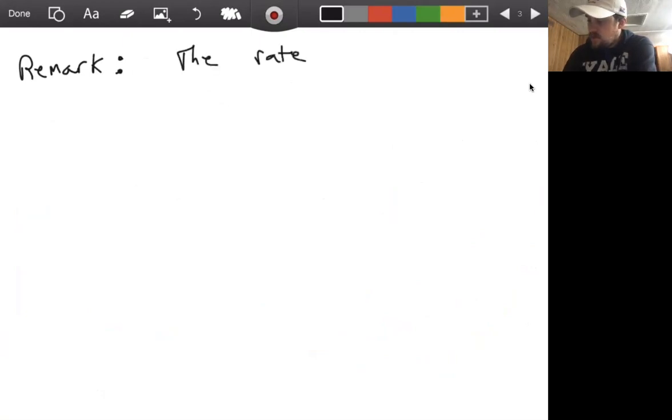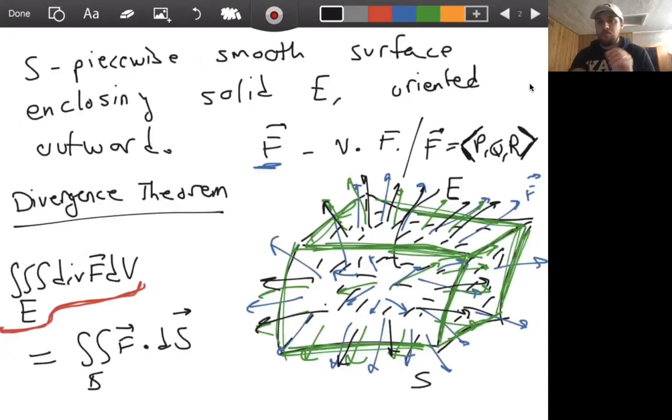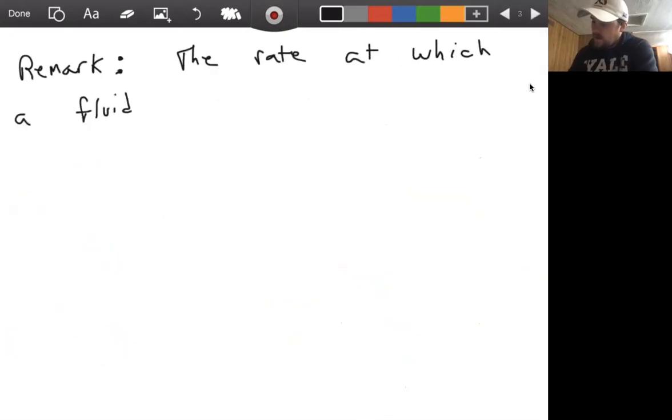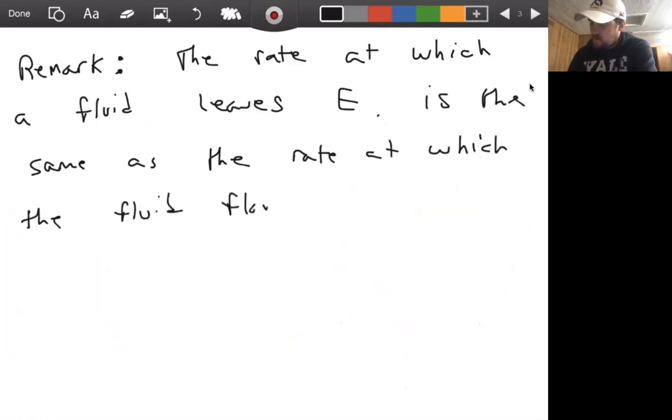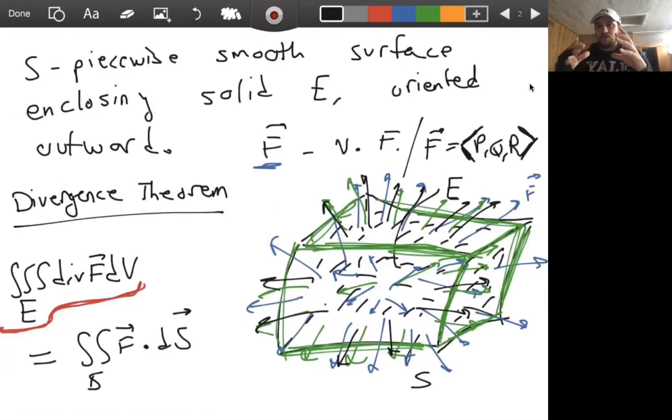The rate at which a fluid, so let's say F is representing movement of a fluid through space, the rate at which a fluid leaves E is the same as the rate at which the fluid flows through S, because S is kind of like a gate that separates E from everything else.